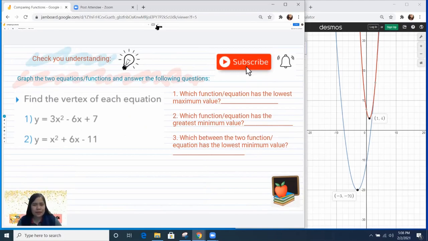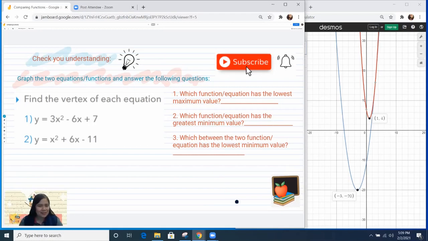Next, for number 3, which between the two functions or equations has the lowest minimum value? Try to answer numbers 1, 2, and 3. The instruction is to graph the two equations or functions and answer the following questions. Please define your answer.